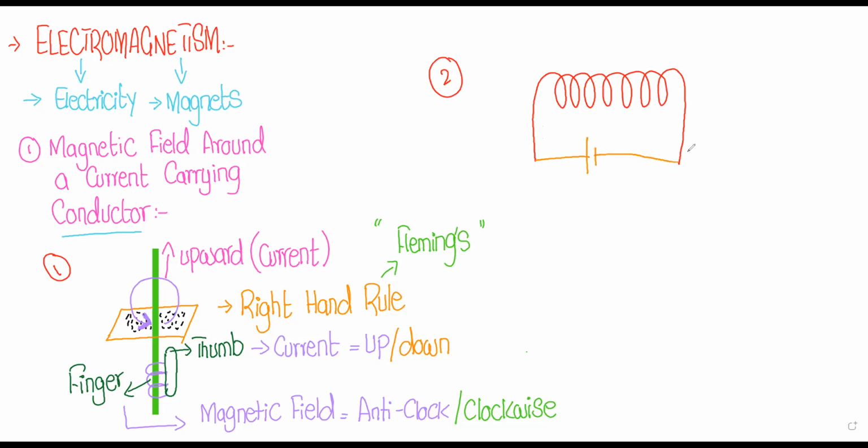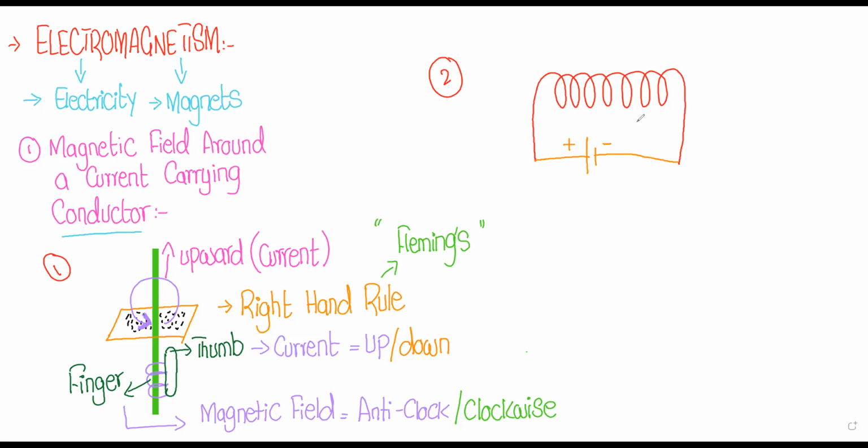So this will be the new orientation of the wire that is now in a circular form. Now how can we use the right hand rule to identify the direction of the magnetic field?